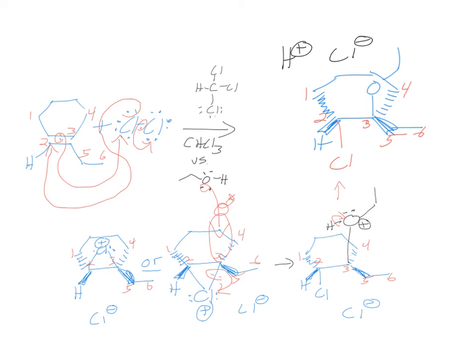How many steps is this reaction? How many transition states are there? There's 3. Think how many times you use mechanism arrows. You use them once, twice, and then 3 times. So there's 1, 2, 3 reaction arrows.